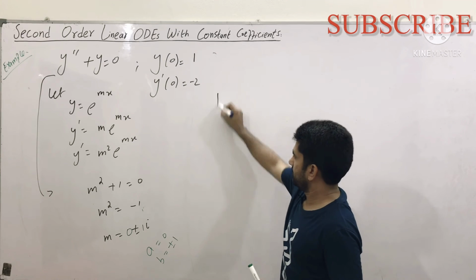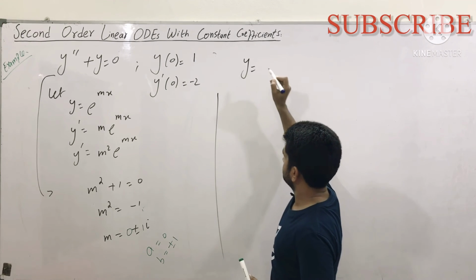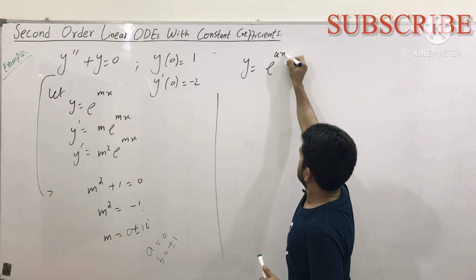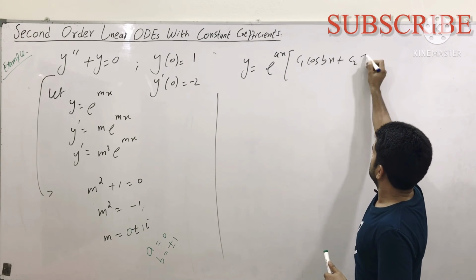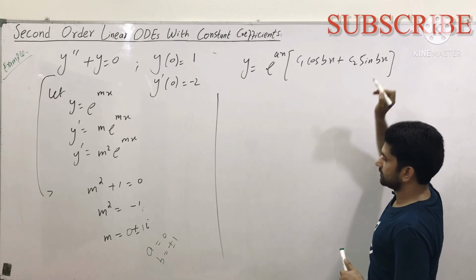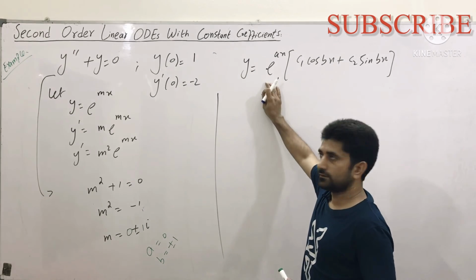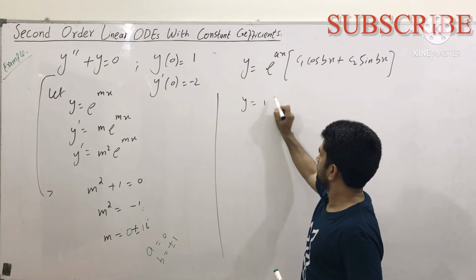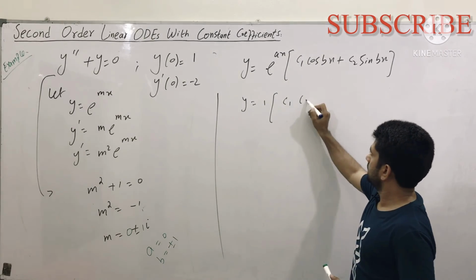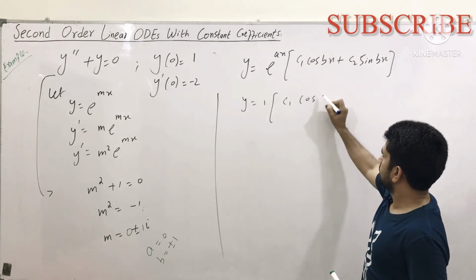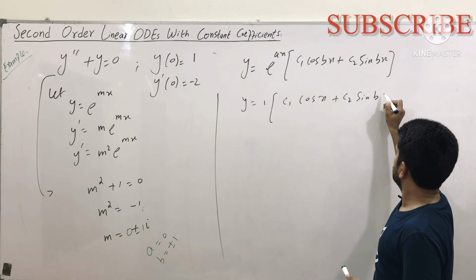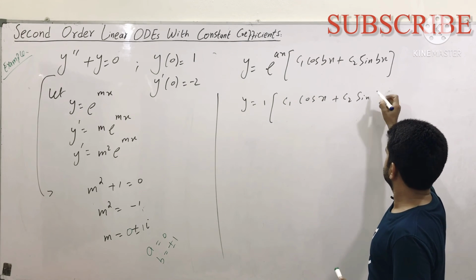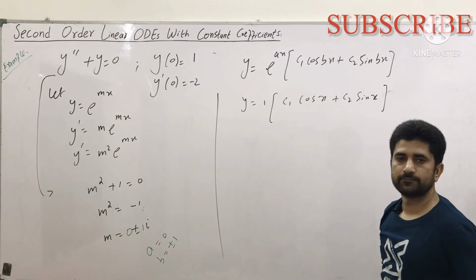So for y we have y = e^(ax)(c1 cos bx + c2 sin bx). A is 0, so the exponential will become 1, and from here c1 cos bx with b = 1, plus c2 sin bx, sin x.